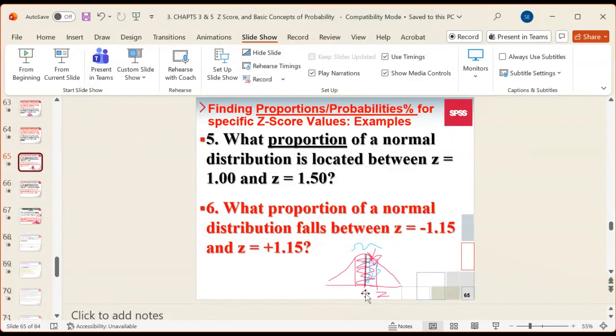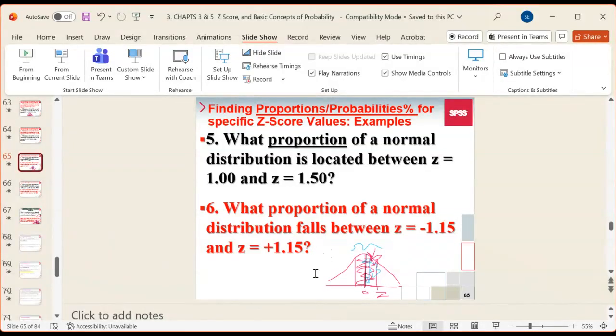If z is 1.5 to the right, we draw a hypothetical line, and on the left side, another hypothetical line. But they wanted to know that area in the middle: what proportion of a normal distribution, or what's the probability, in that area?